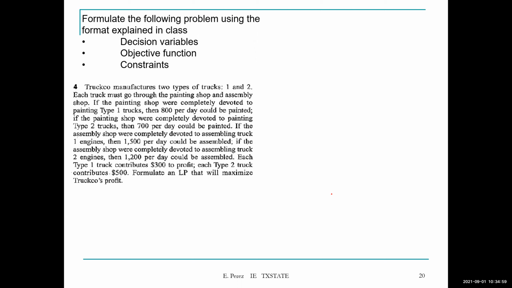What I want you to do, at least for the time that we have, is to state the decision variables and state the objective function. Let's see if we can do that in the next 5 minutes. If you read through this, tell me what the decision variables are and tell me what the objective function is. Can you read that from where you are? Or see if I can increase the size.